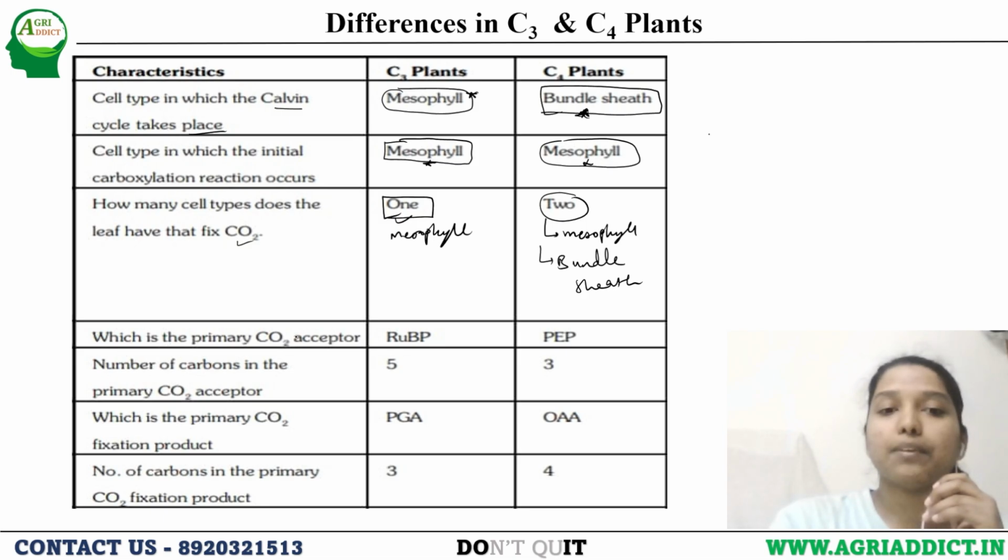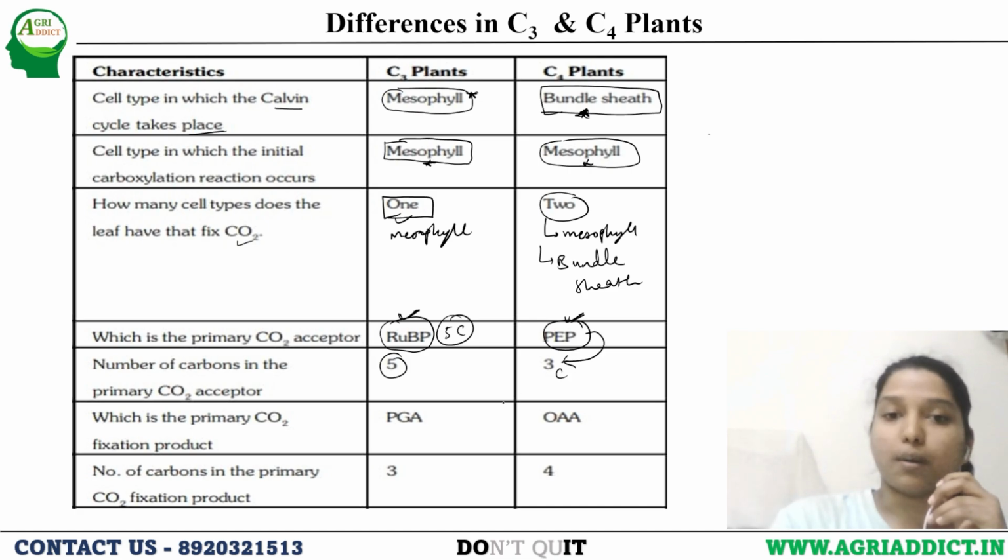Now, which is the primary carbon dioxide acceptor? For C3 plants, the primary carbon dioxide acceptor is RuBP, whereas in case of C4 plant, it is PEP. The number of carbons in the primary acceptor: this RuBP is a 5 carbon compound, whereas this PEP is a 3 carbon compound.